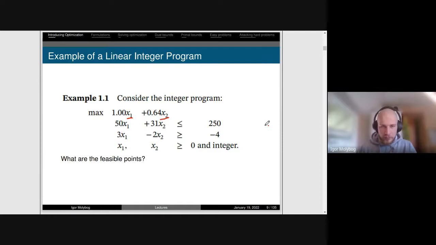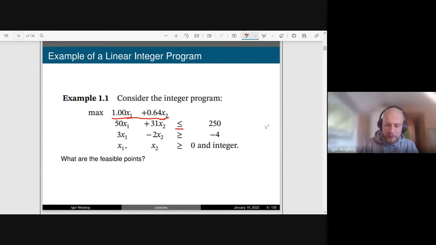So we have a linear objective that just sums up x1 and 0.64 x2s. We have a constraint that is saying less than or equal than 250, and we have a constraint that is saying that something is greater than or equal than -4.